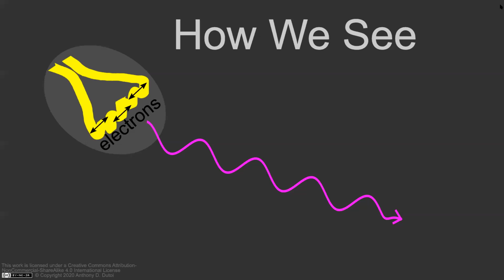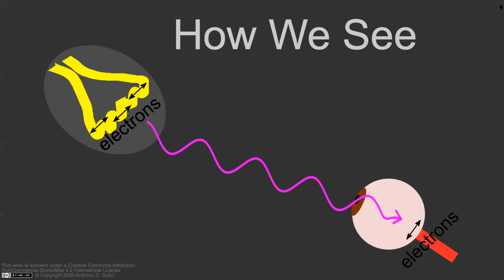It's emitted as these waves, these little jiggles of the electromagnetic field that go out away from the jiggling electrons here. Now, you've got electrons on the back of your eyeball as well. So that little jiggling field hits the electrons on the back of your eyeball, causes them to jiggle. And once those electrons start jiggling, magical chemistry and biology can happen, right?